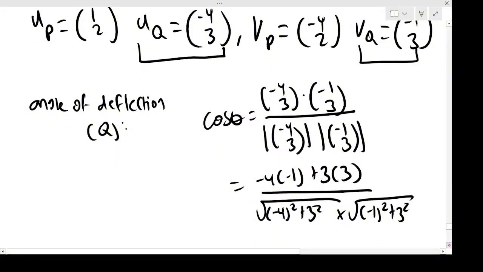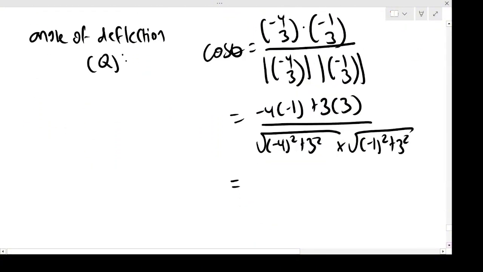And so at that point, we can simplify it to get 13 root 10 over 50.